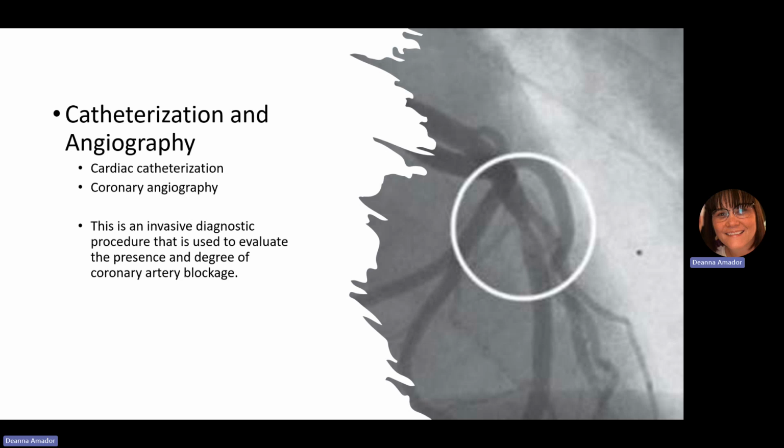So it's important to make sure that, you know, this is an invasive procedure. So obviously the patients will be signing a consent, and to make sure that they're NPO, if possible. If they're having a STEMI, that sometimes is not possible. And then to always assess for iodine or shellfish allergies, because that could mean that they're allergic to contrast media. And that's what they use in the cath lab.